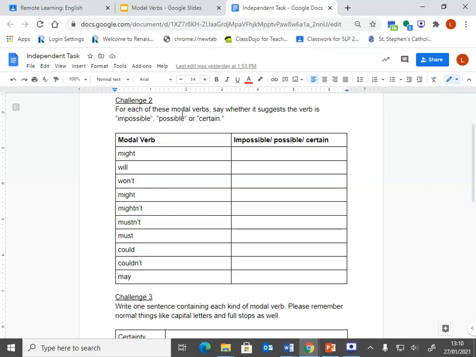Am I saying it's possible, or is it saying that I definitely do know the answer? Mr. Plummer might know the answer. Well, I would suggest that one is possible. I might, but I also might not. It's unsure. And you need to go through all of those ones and identify what you think it is. The answer is always going to be impossible, possible, or certain.